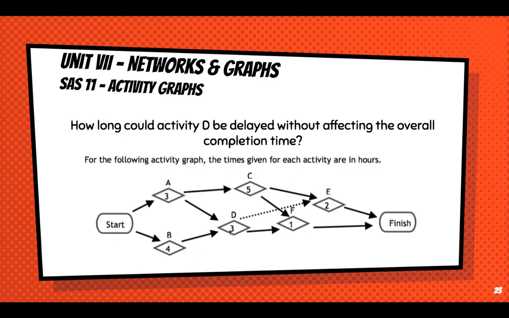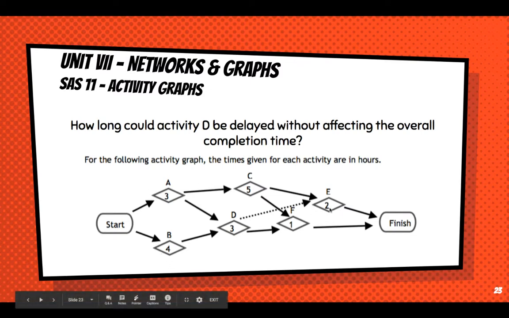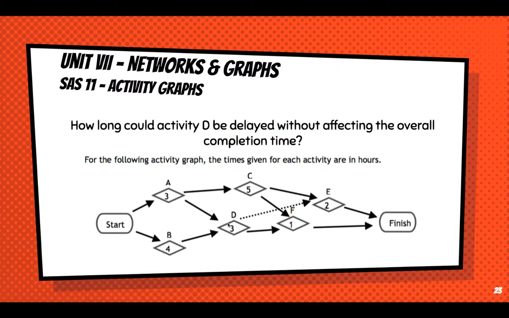We can only delay D by 1 hour, because if we delayed it by more than 1 hour, we would slow down this pathway BDE to be longer than ACE. So 4, 3, that's 7, plus 2 is 9. If we added 1 more hour to delay D, that would make it 10. Any more would delay the total length of completion longer than the ACE. Okay? So let's move on.